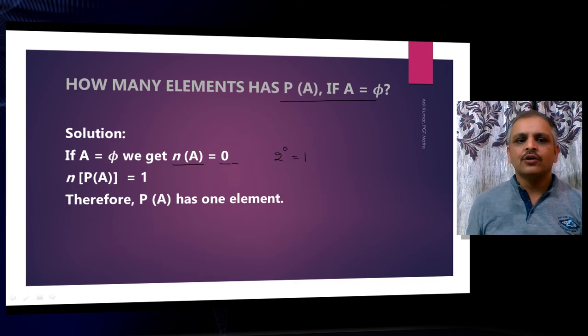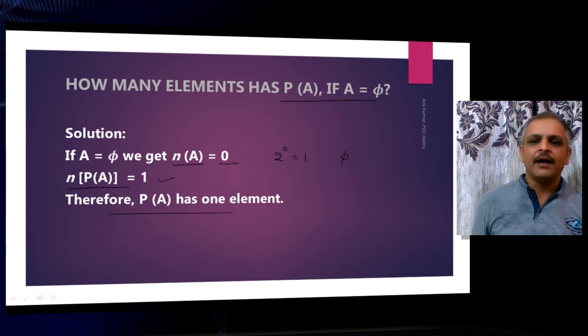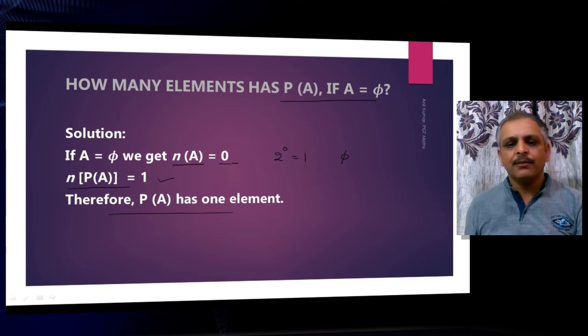That is 1. So the number of elements in the power set of A will be 1. Correct? And what is that? The empty set itself. Power set of A will have 1 element. Means as many subsets as you can create, the number of subsets will be equal to the number of elements in the power set.